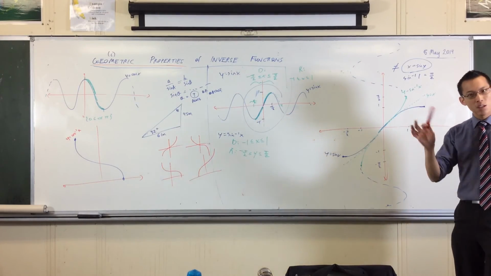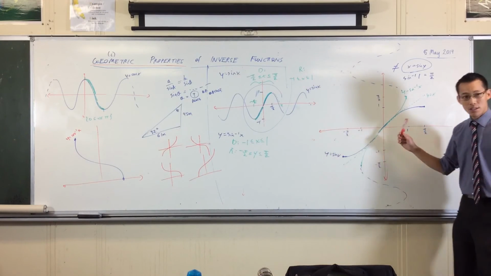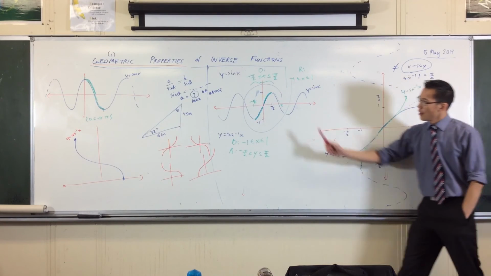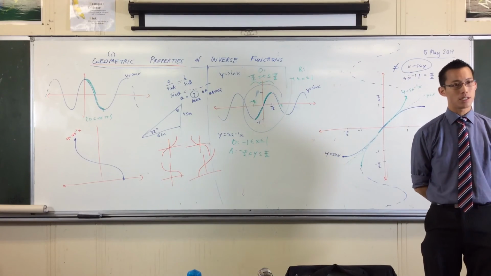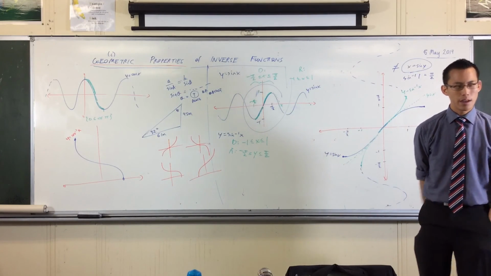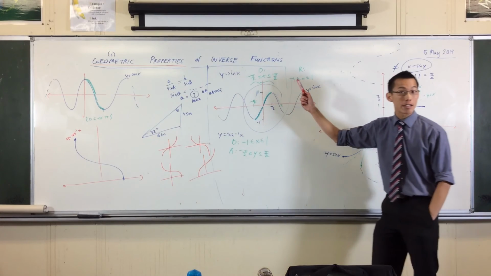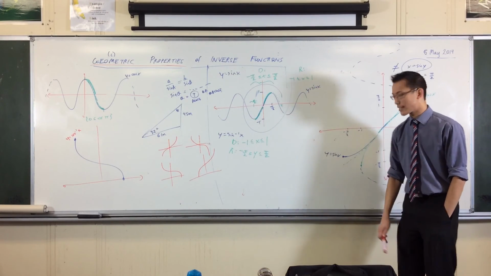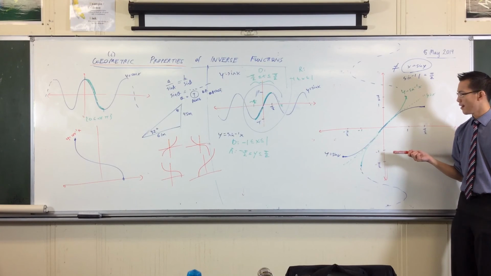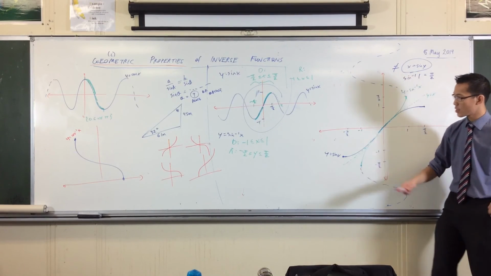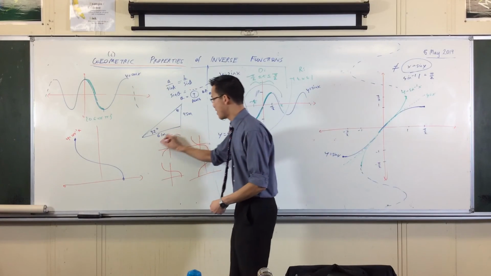So here's the way that I think about it. Sine, the portion that we've chosen, is it increasing or decreasing? It's going from -1 to 1. It's increasing, right? Therefore, when you reflect it, it's still increasing. So that's how I remember sine inverse.